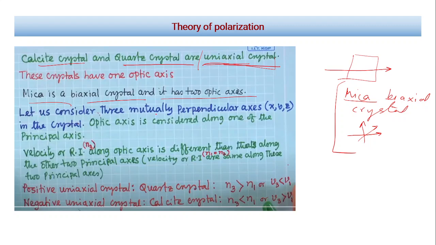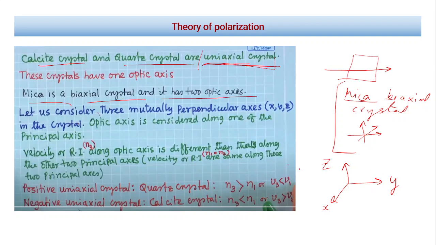So let us consider three mutually perpendicular axes, say x, y and z. This x is out of the plane of the screen and y and z are in the plane of the screen. If we consider the optic axis along one of the principal axes, then the velocity or refractive index along the optic axis is different from that along the other two principal axes.